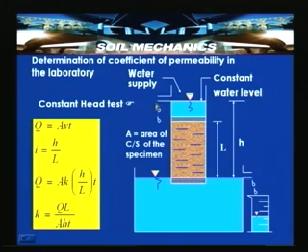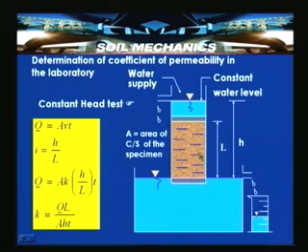The extra surplus water is collected here, and the water level is maintained here. Because of this, the flow occurs with a hydraulic gradient H over L, in the downward direction. Here a relatively sandy soil is shown, and A is the area of the cross section of the specimen perpendicular to the direction of the flow.